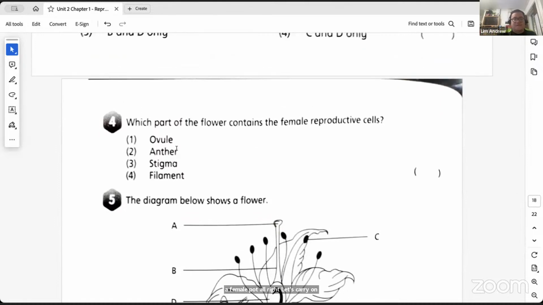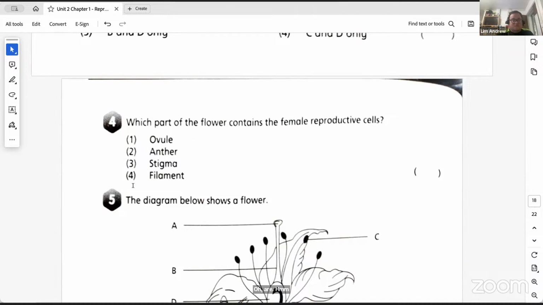Which part of the flower contains the female reproductive cells? Can I have a volunteer, please? Yes, good morning, Lady. Which part of the flower contains the female reproductive cells? 1, 2, 3, ovary, 4.